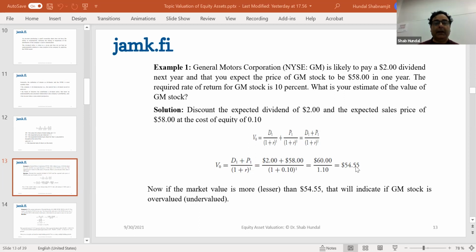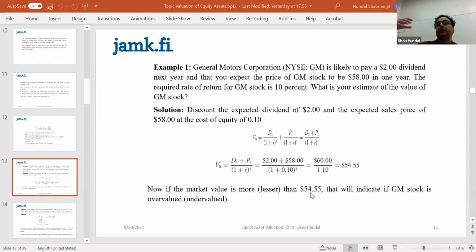When we applied this formula, you get the dividend in the first year, and you also get the price when you sell the stock. When you combine these two things and divide by the rate of discount to the power of 1, because in this case we took only 1 year, it came to be 54.55. It means 54.55 should be the fair price of GM.